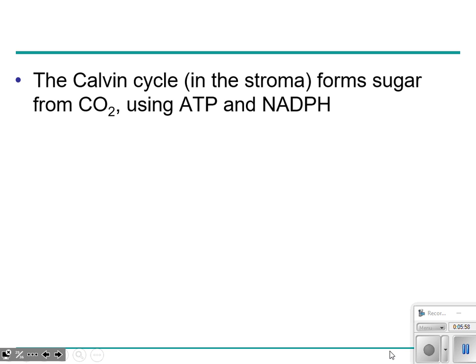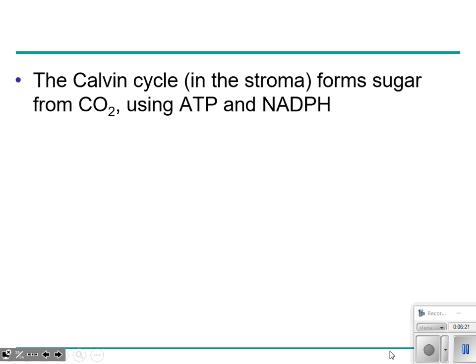It forms the sugar from carbon dioxide, and it does so using ATP and NADPH. Now, we know what ATP is, don't we? We talked about it the other day, ATP.